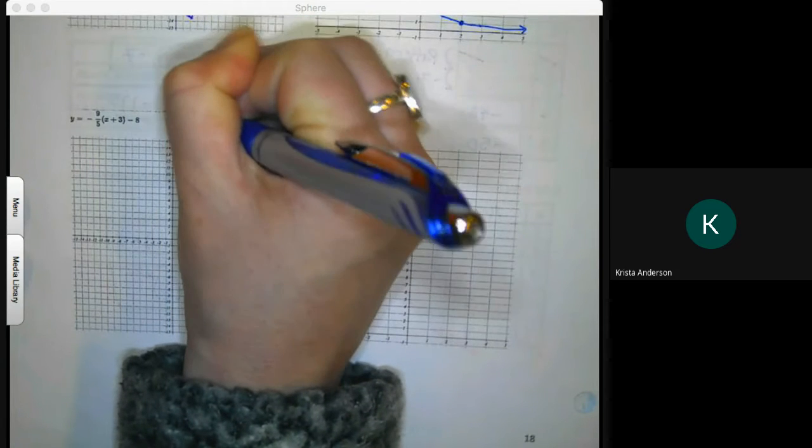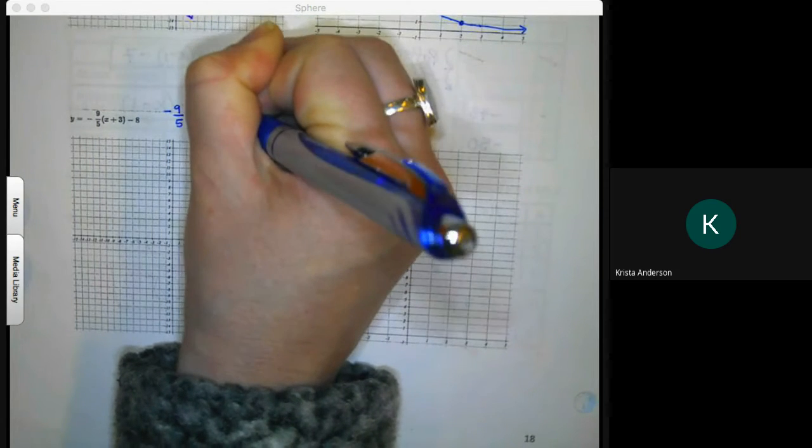I'm going to go to the bottom left graph. My equation is -9/5 parenthesis x plus 3 minus 8. This is where I will plug in my number.